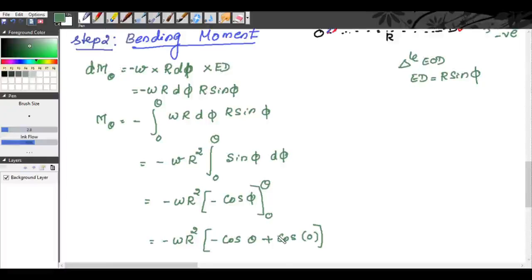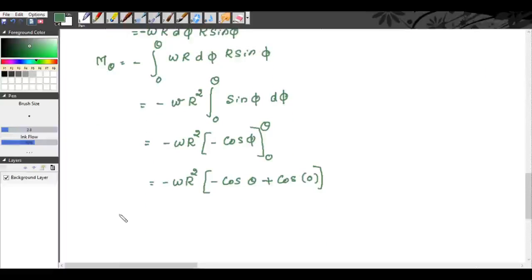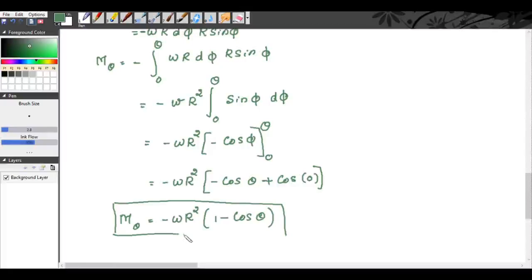So cos 0 is equal to 1. So we get M theta is equal to minus wR square into 1 minus cos theta. This is our bending moment for the section X.